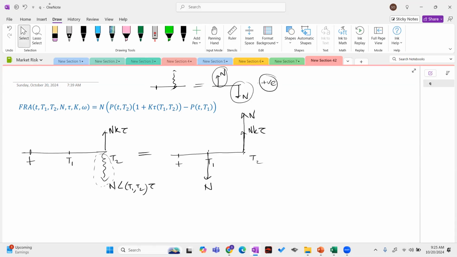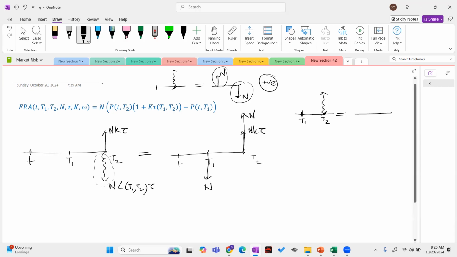Did you understand this, or do you want me to explain again? Let me explain again. If you have a floating inflow, this is one reset date T1, this is T2. First you think logically, what is the present value of my cash flow? Is it positive or negative? I'm getting something, right? I'm not losing anything.